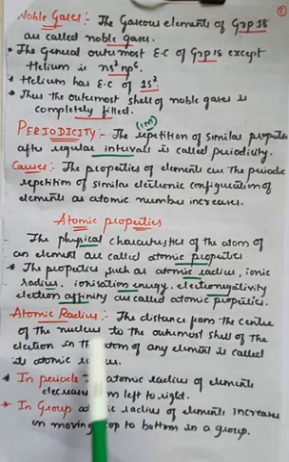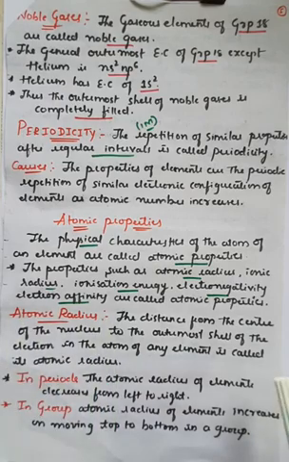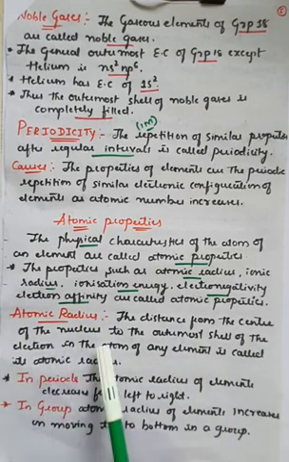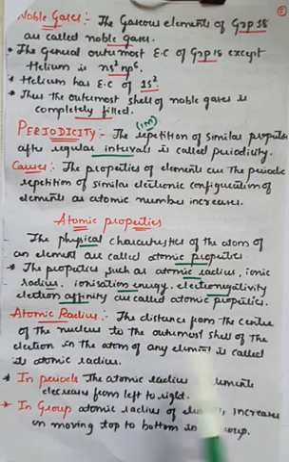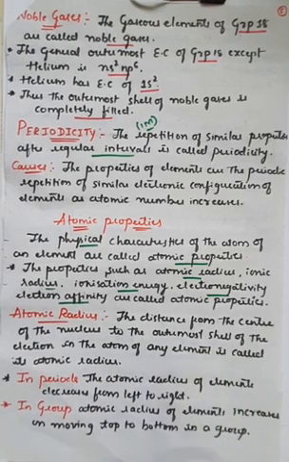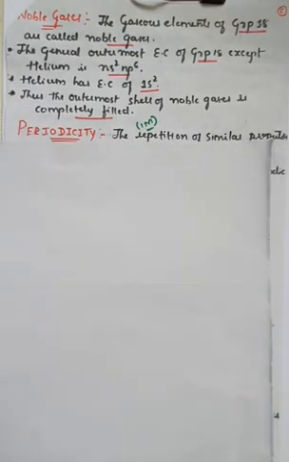In the case of atomic radius, the distance from the center of the nucleus to the outermost shell of the electron in an atom of an element is called atomic radius. We'll do some rough work here.